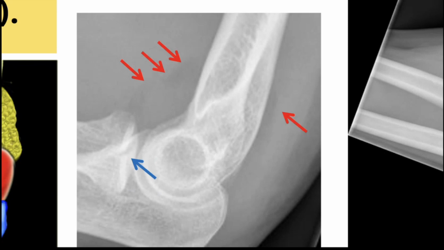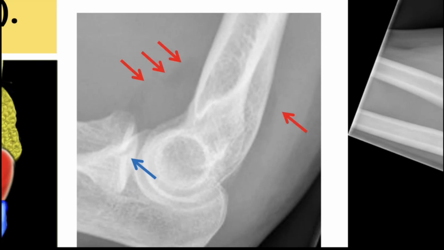So if you have fluid in one compartment and fluid in another compartment, and they're side by side, you can't make out the separation between the two, because they're both of similar density. But if you have fluid in one compartment and fat in another compartment, the fat is less dense than the fluid, and so you can see the difference between the two.